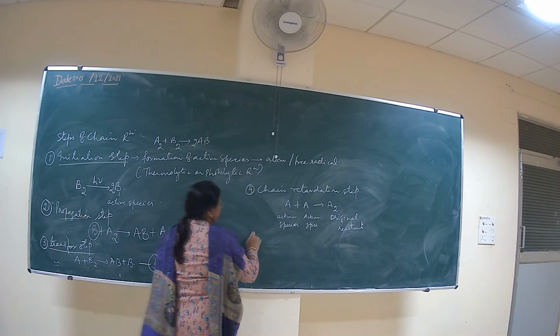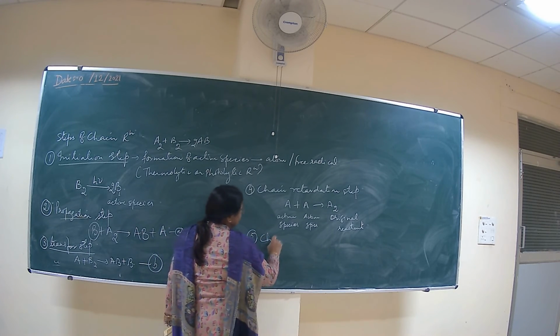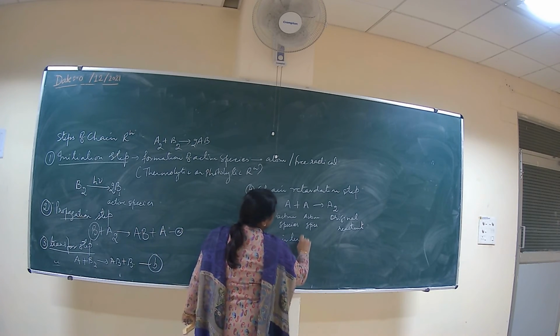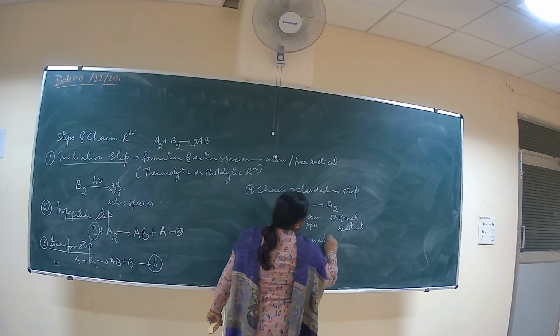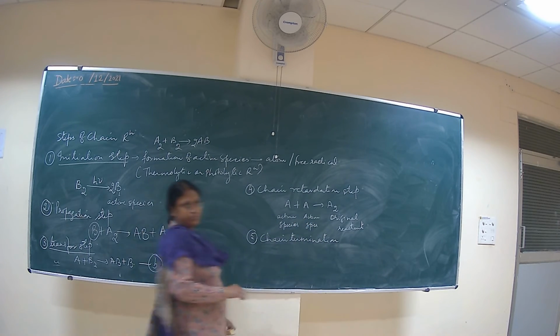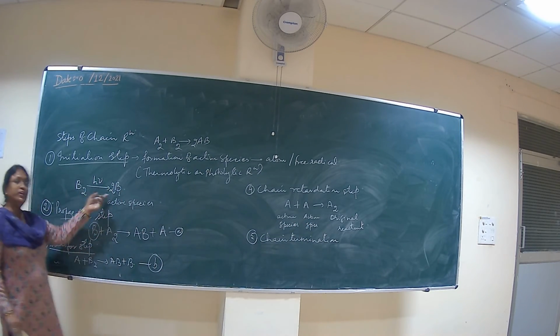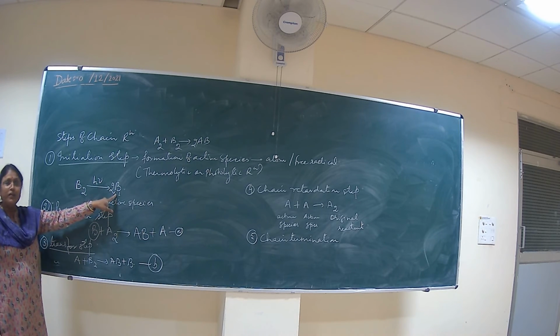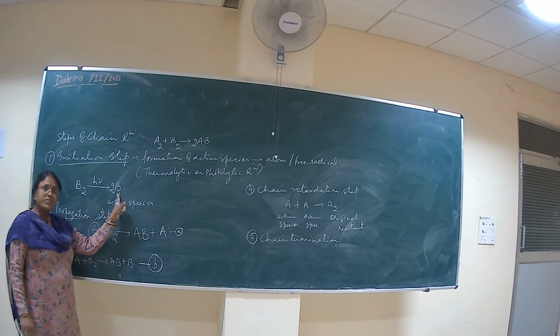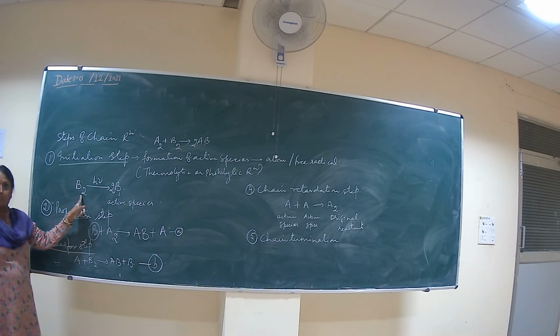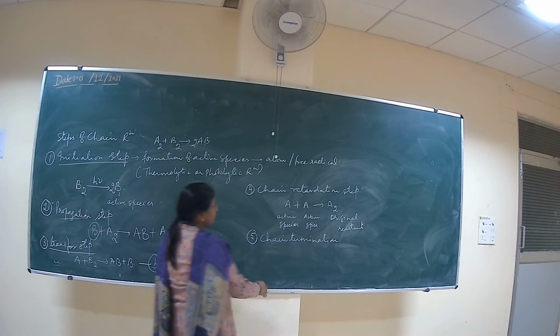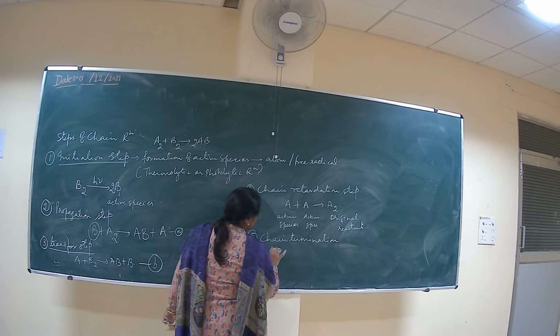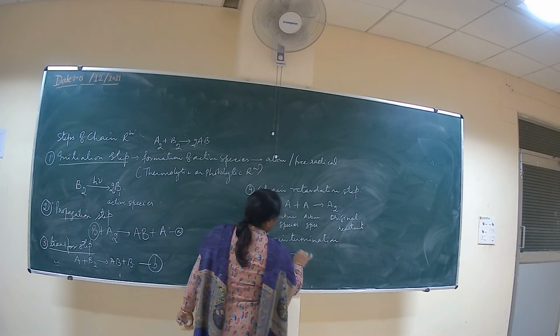Okay. Now last one is the chain termination step. Now in the chain termination step, the initiator of the chain, यहाँ पर initiator क्या है? B, है ना? The initiator of the chain combines with themselves and it forms the original molecule. So here the B combines with B and it forms B2.